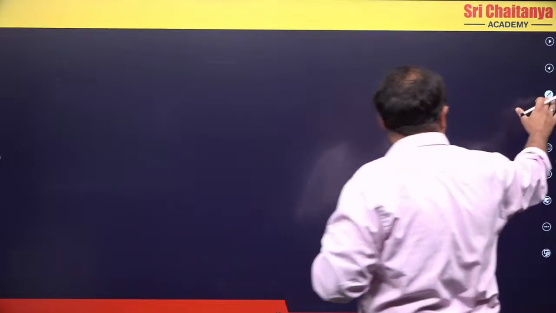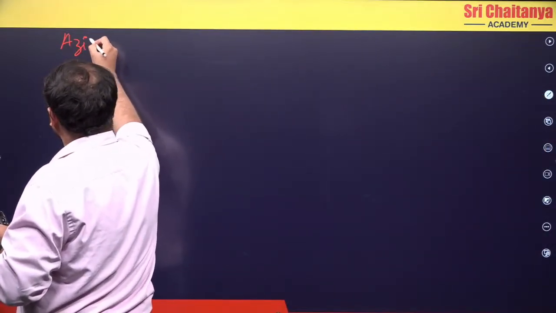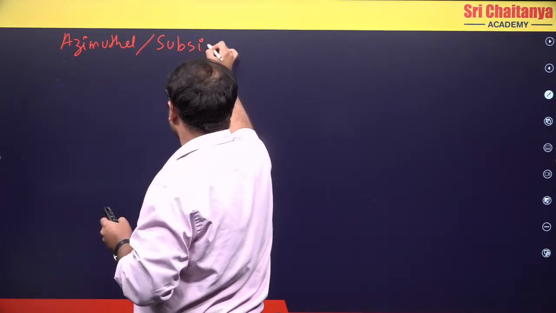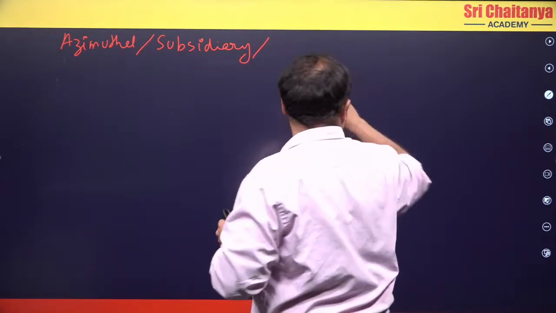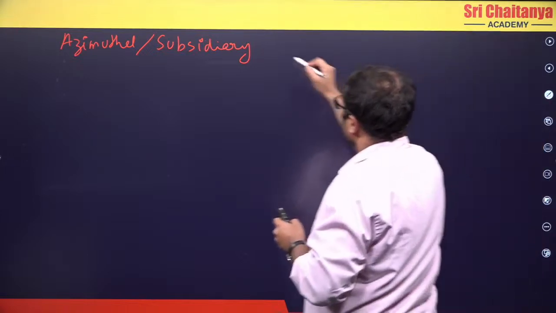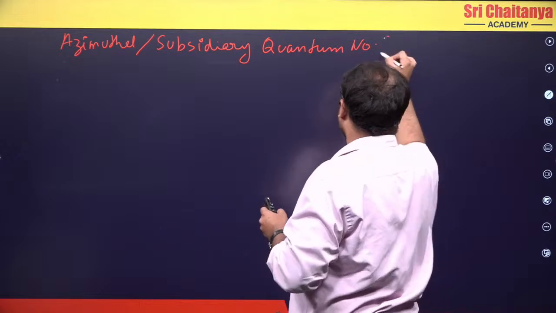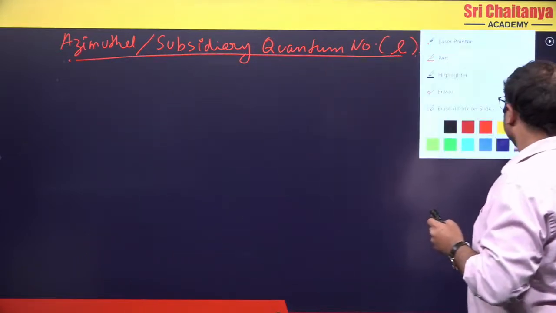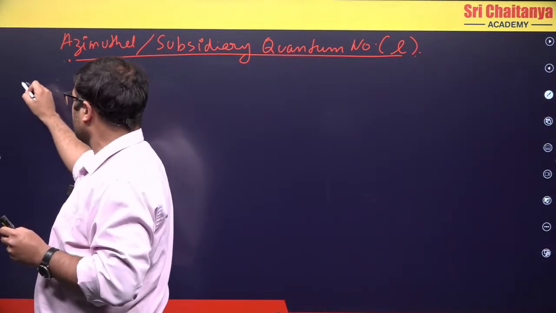It is the next quantum number called the azimuthal, or subsidiary, quantum number, represented by small l. So what does this quantum number represent? Let us talk point by point.